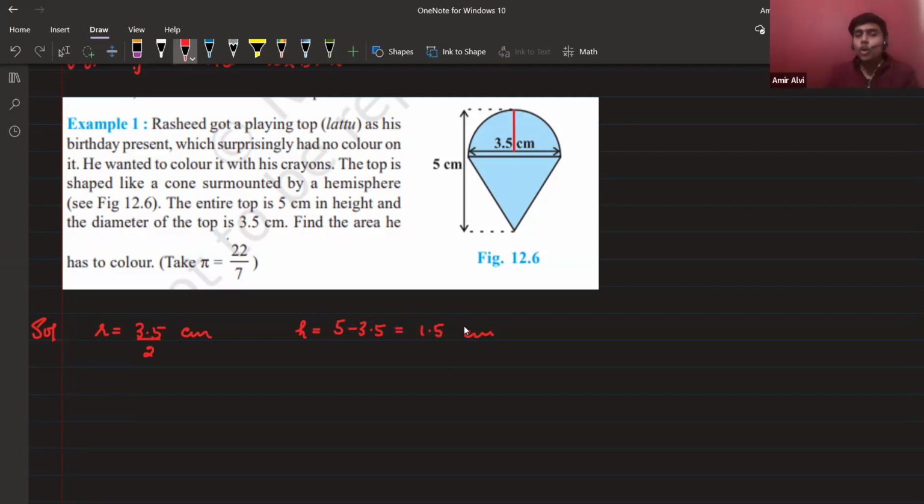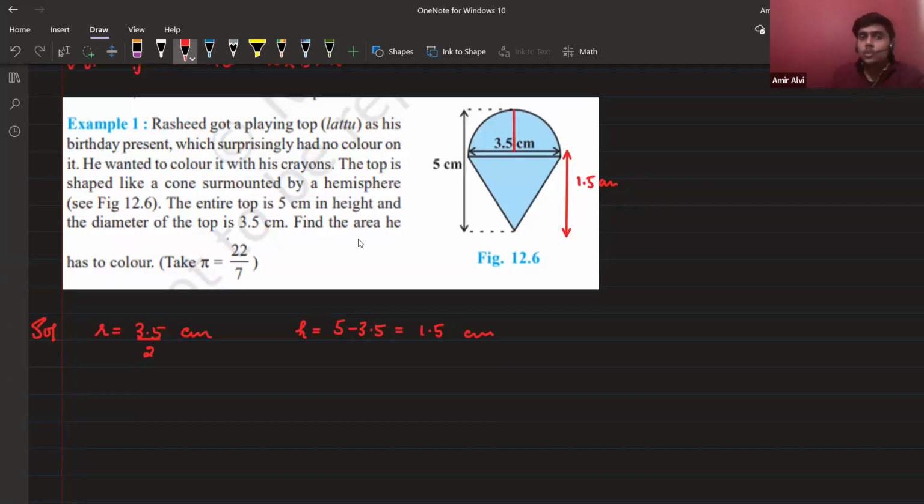It means the height of the cone is 1.5 centimeter. Clear? Yes or no?